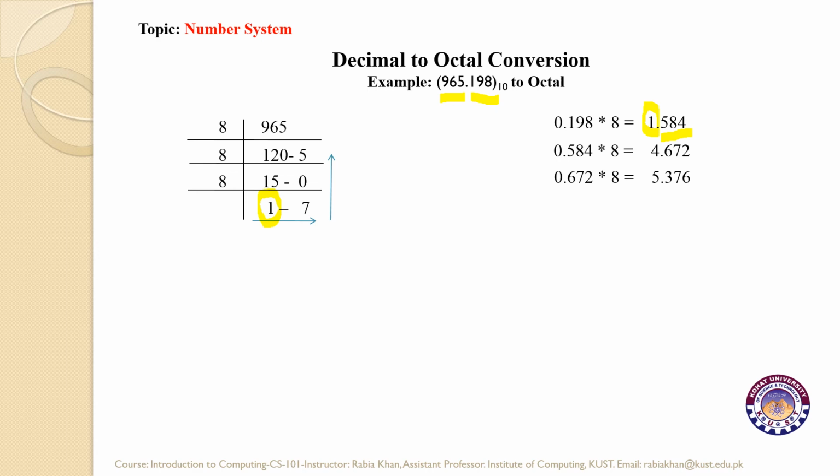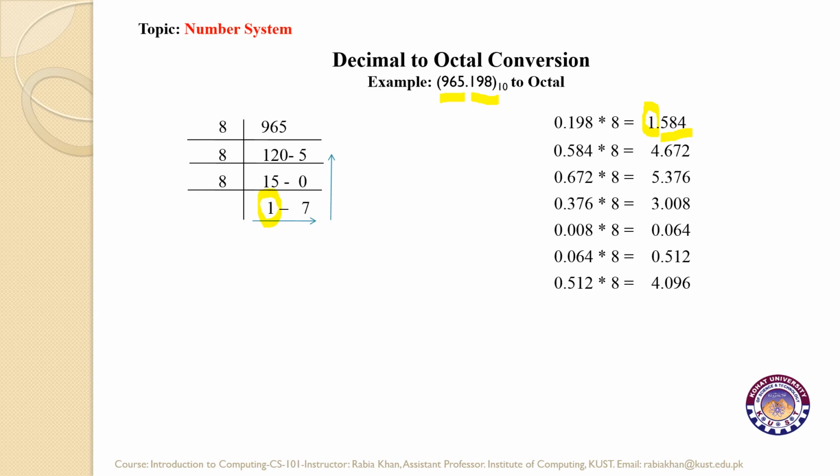0.672 is again multiplied by 8, and the result is 5.376. 0.376 is again multiplied by 8, and the result is 3.008. 0.008 is again multiplied by 8, and the result is 0.064. 0.064 is again multiplied by 8, and the result is 0.512. 0.512 is again multiplied with 8 and the result is 4.096.